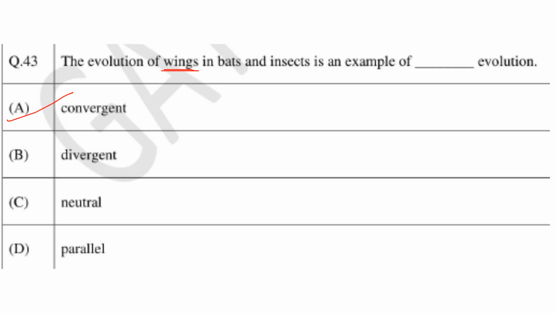It is a phenomenon where similar traits evolve independently in different species that are not closely related. That is parallel evolution. And neutral evolution is a theory that states that evolutionary changes at molecular level are due to random processes and not due to natural selection. That is neutral evolution.